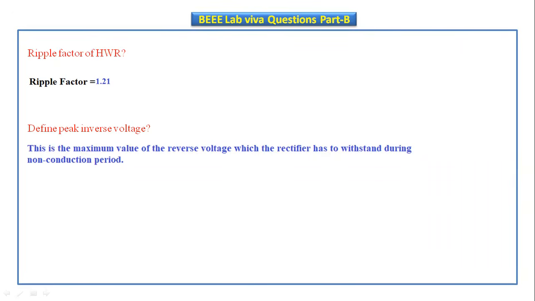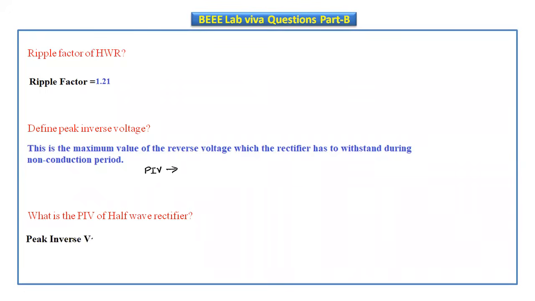In the open circuit condition, the maximum voltage appears across the diode in reverse bias. That voltage at the non-conduction period is called peak inverse voltage. Simply we will call it PIV. The peak inverse voltage of the half wave rectifier is VM.